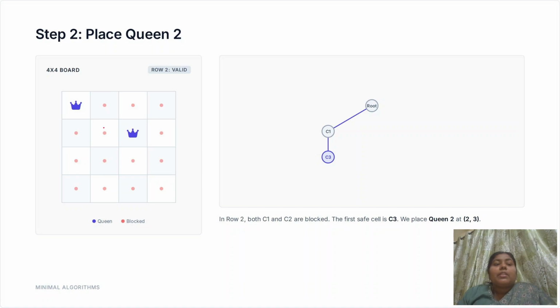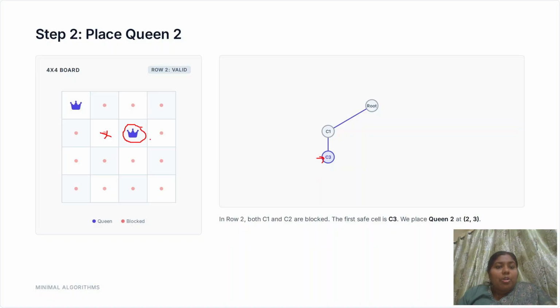This is not possible because there is a diagonal attack. So I place the queen on the third column of the second row. This choice is given here from C1 to C3, because I placed the queen on the third column.